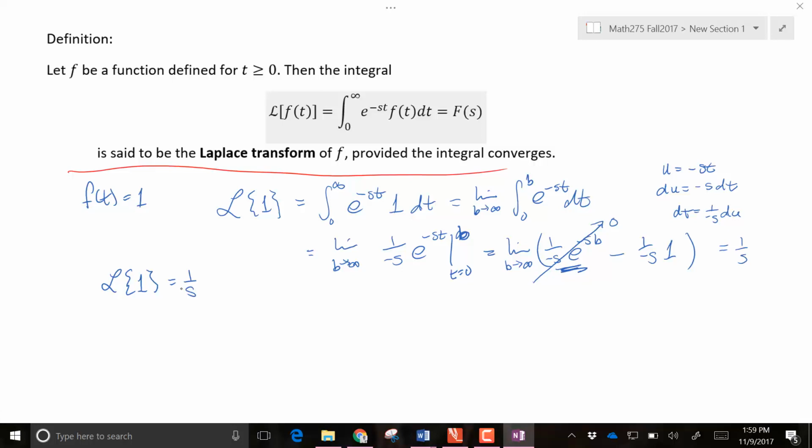Cool. This would be our F of s. So if we're going to make a table, f of t and capital F of s, we got 1 here and 1 over s here.